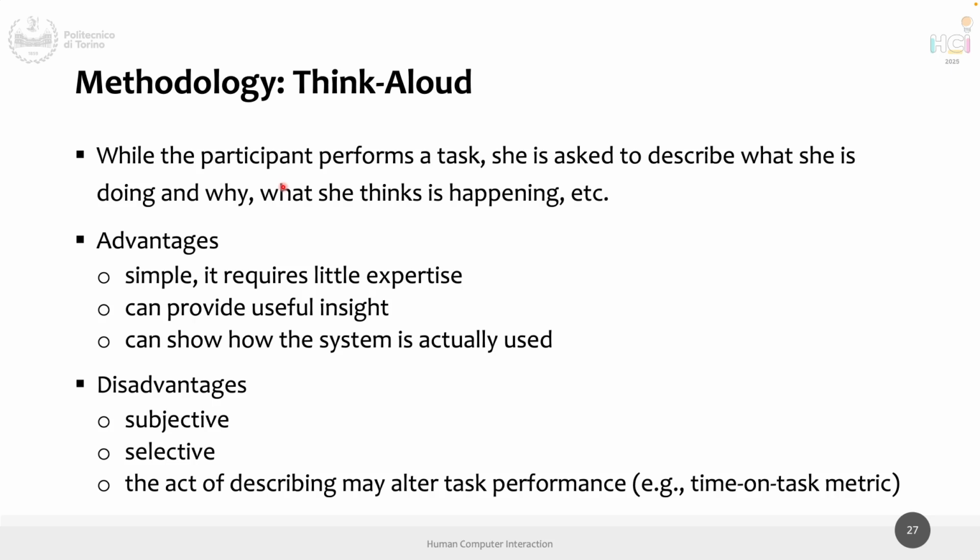And it can also show how the system is actually used. The disadvantage is that it's highly subjective, highly selective, and also the act of describing what the person is doing might alter task performance.